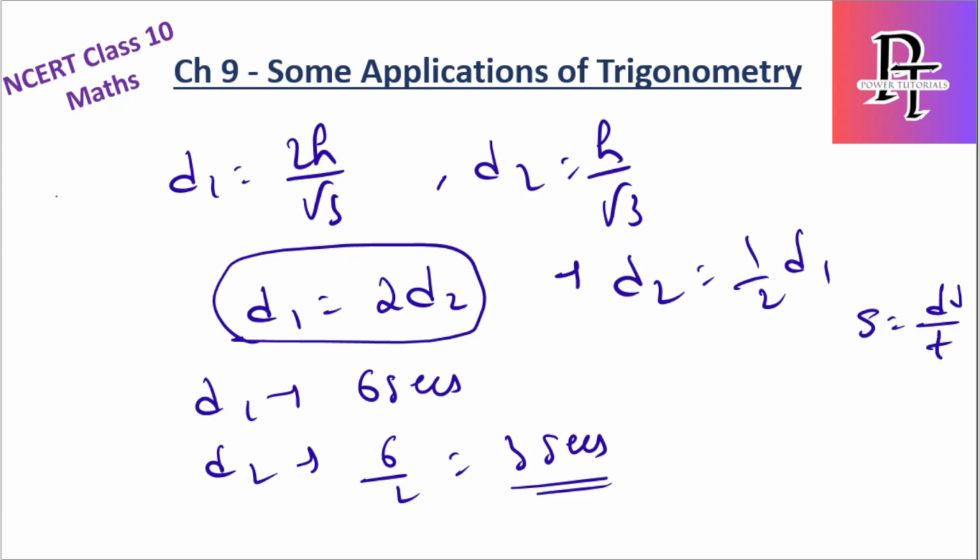If distance is decreasing, time will also decrease because the speed has to be maintained. Suppose to travel 5 meters it takes 3 seconds, then 2.5 meters will take half of it, that is 1.5 seconds. Same way here, distance d1 takes 6 seconds, then half of it, d2, will take 6 by 2, which is 3 seconds.